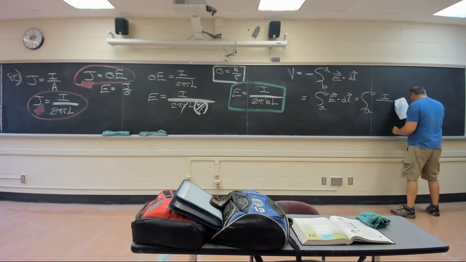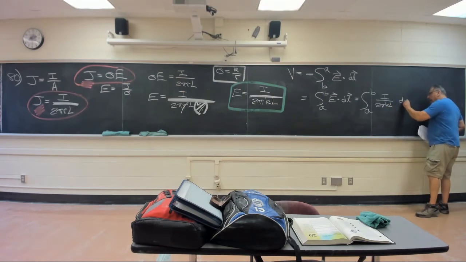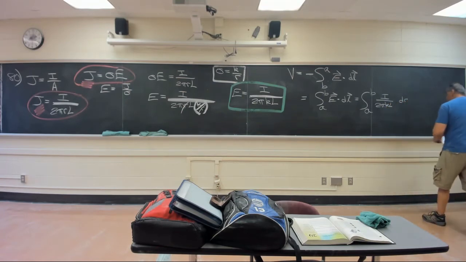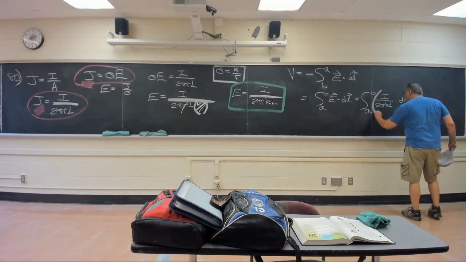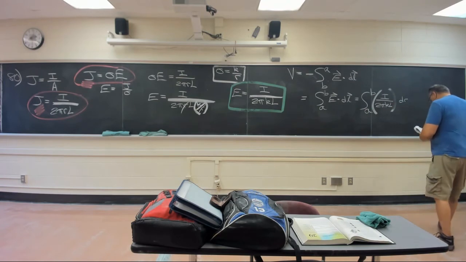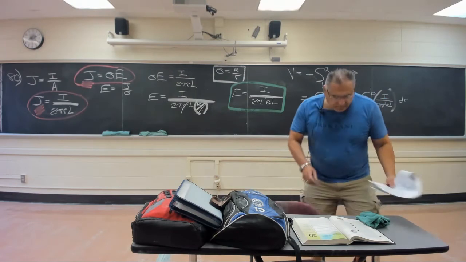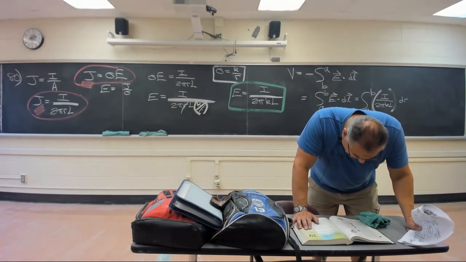So what we have is, well, let's see what I is. 2 pi k L dr. We're talking about radius. There's not a whole lot to say there. There's a lot to be assumed here.